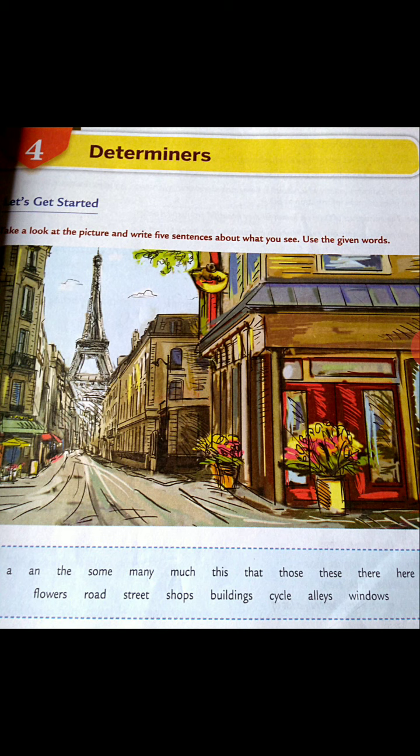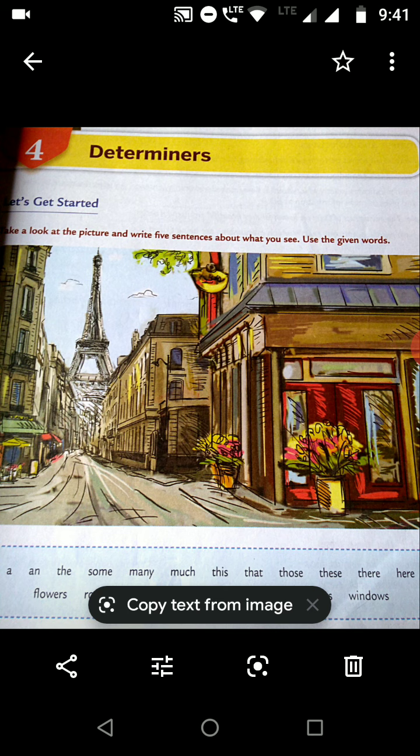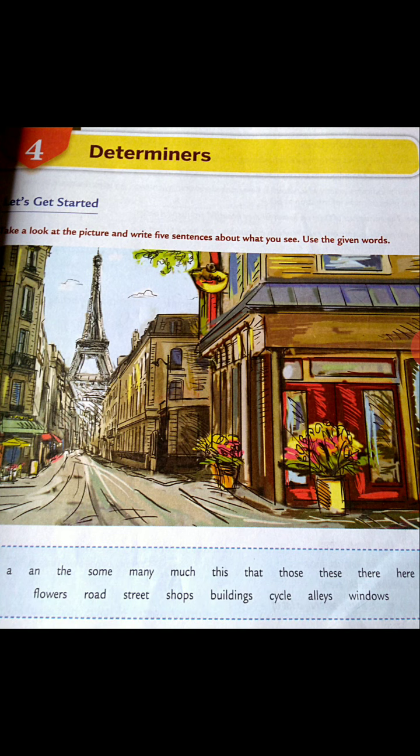Now, when we form a sentence looking at the picture, especially children, this is a street in Paris, or there are several shops here. So many shops we can see. Now, children, these words, that is this and several, specify which nouns are being talked about in the sentence.